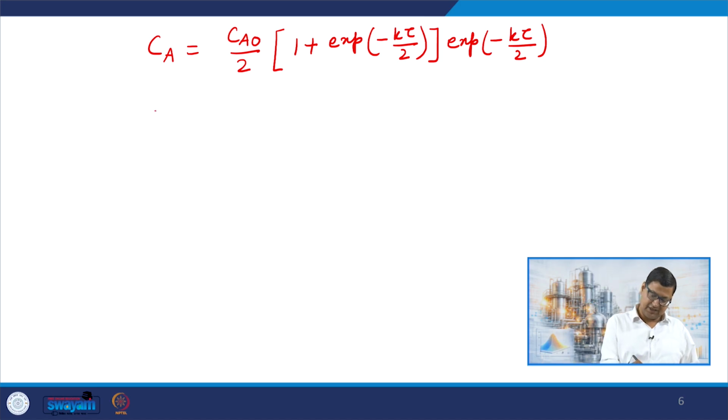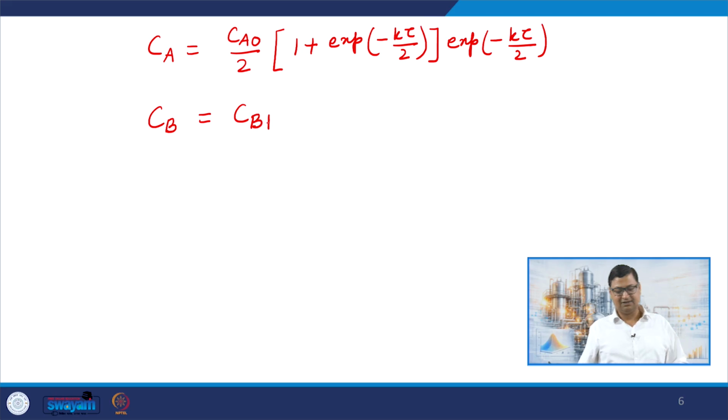And now, we are also interested in finding the concentration of B. That will be the concentration of B that we have started with, plus the concentration of B that is coming from the reaction between the times tau by 2 to tau. So, the new conversion that has happened in the time window of tau by 2 to tau, we have to basically account for.